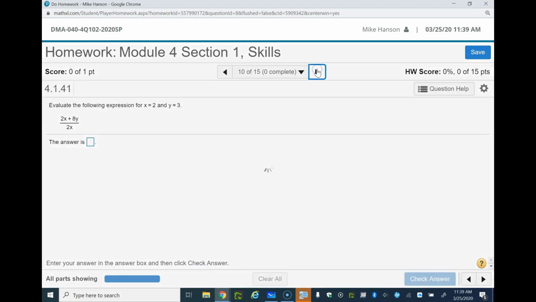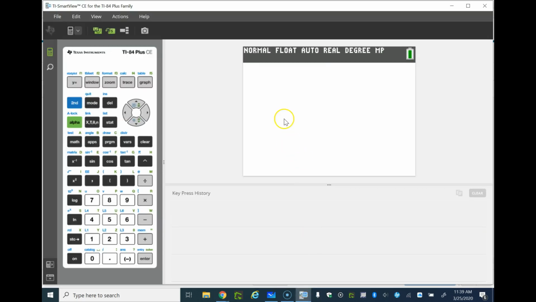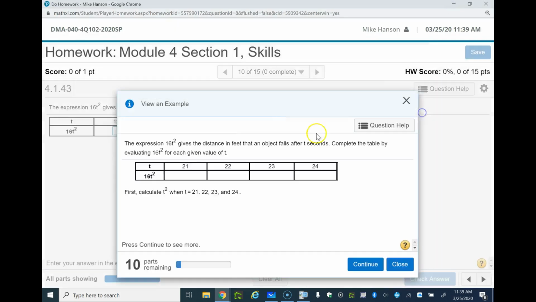Number 10 is also one of the ones. Since everybody probably completed this one, what you probably did was substitute t for 12, 13, 14, and 15 by putting it in your calculator. Actually, let's do view example 1. They use 16 too, but they're going to use 21.